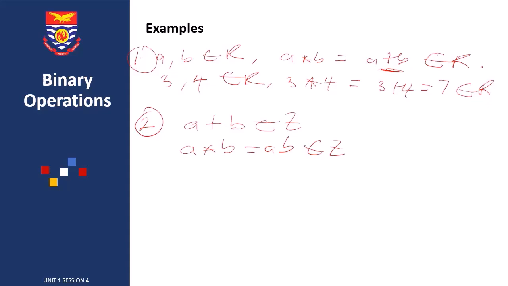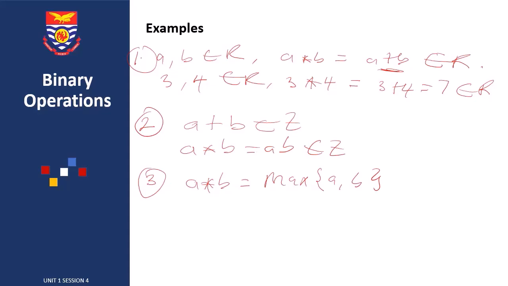Let's also define number 3: A star B equals max of A and B. So that's the largest of A and B, the maximum of A and B. So what can we say?